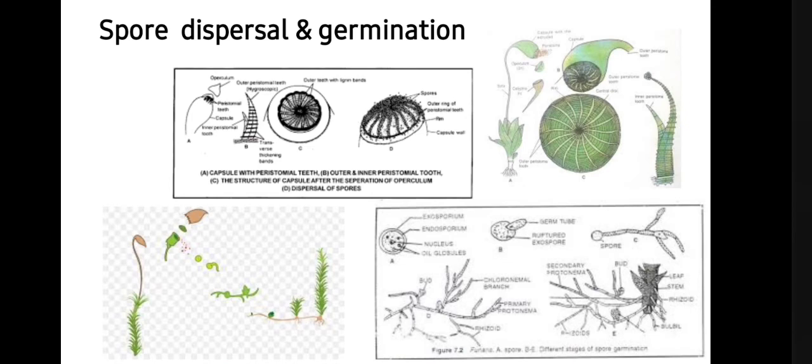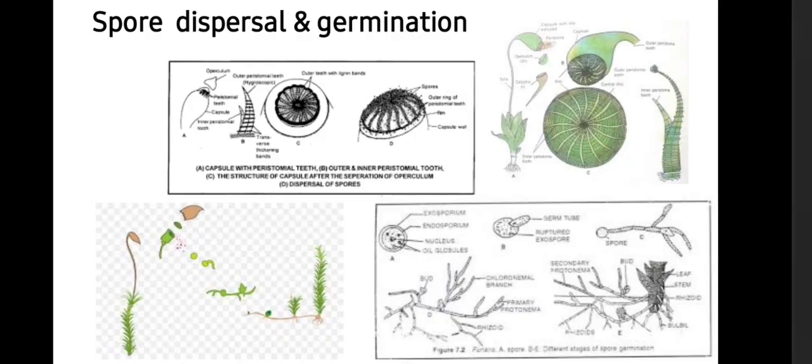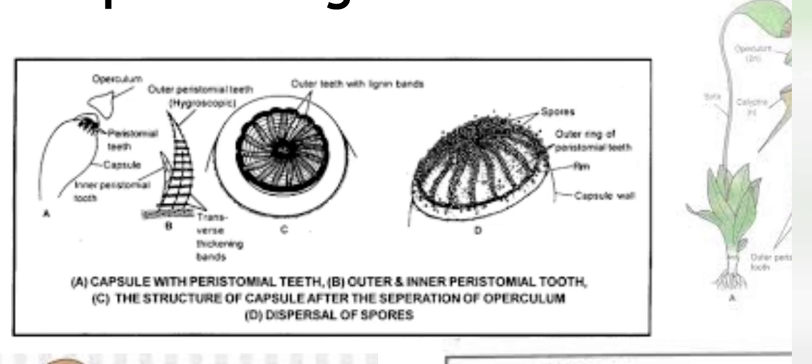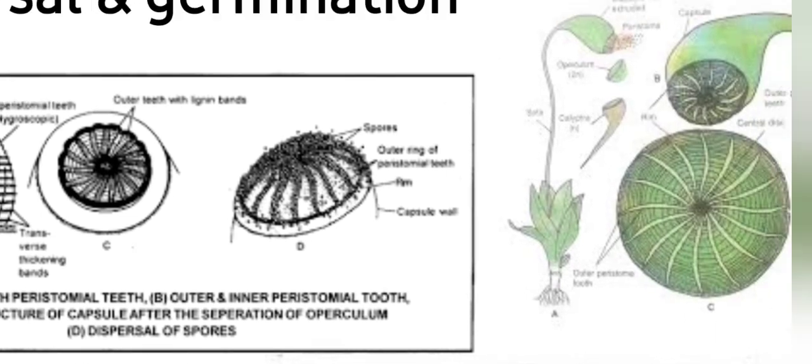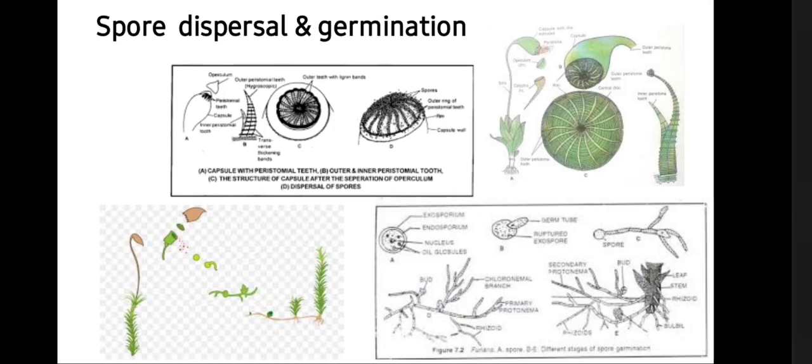In these images, you can see the spore dispersal mechanism by throwing away the operculum or the lid and germination of spores after attaining a favorable space. In this image, you can see that the operculum is thrown away like a lid, and then the spore, after getting favorable conditions, germinates to form a rhizoidal branch or chloronemal branch and ultimately a mature gametophyte.